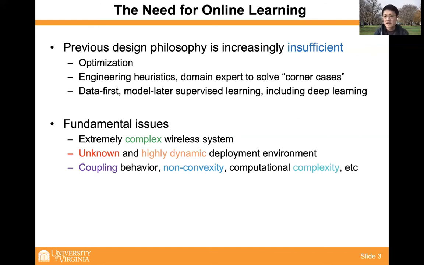The last one is something that is also relatively new, which is to use machine learning, more specifically supervised learning. So for example, deep learning using deep neural networks. And this can be viewed as a data first, model later type of approach. So basically, we are collecting data from the network. And then based on this data, we are training certain machine learning methods.